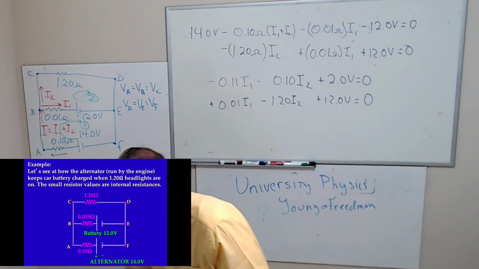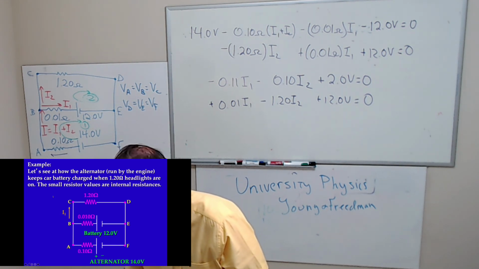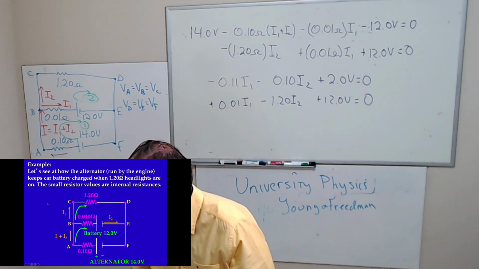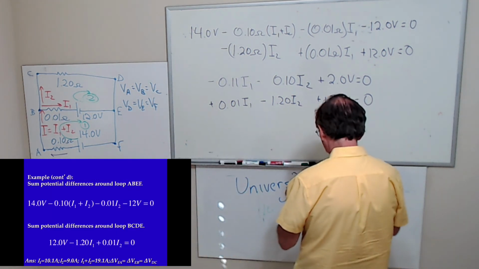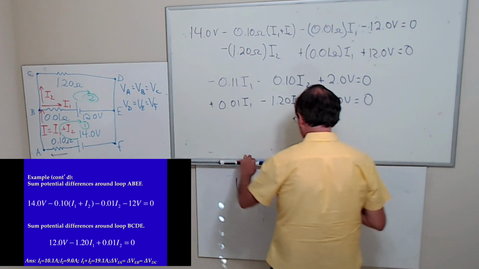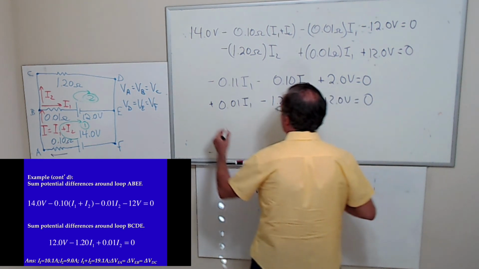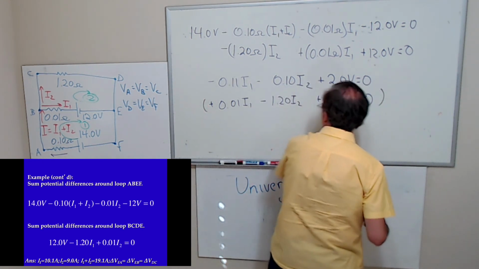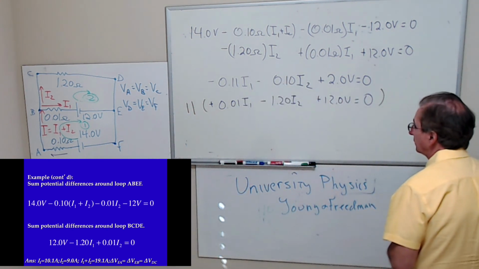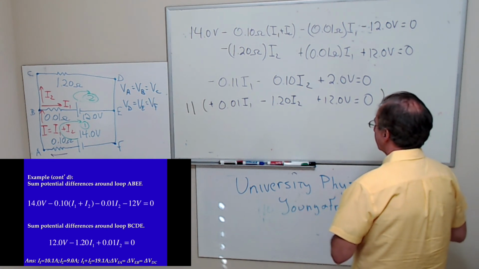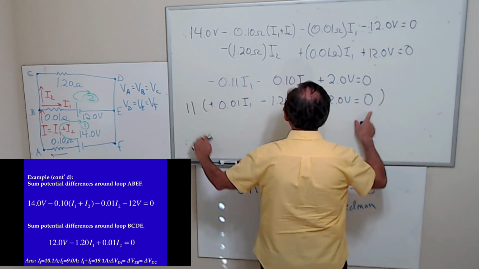Okay, so here's what I'm going to do now. Everybody loves using substitution. For these kinds of problems, I really don't think you should use substitution. What I will do is multiply the bottom equation by 11, and then add.